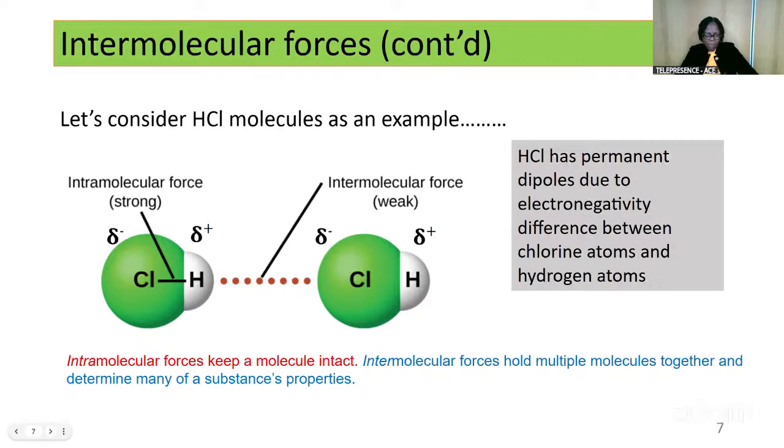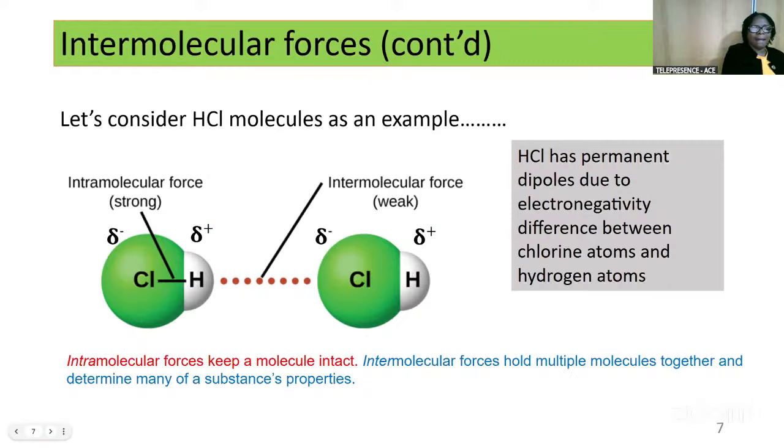Still talking about intermolecular forces, I've just used one clear, very apt example. If you look at hydrogen chloride, you have hydrogen and chlorine in that molecule, and HCl has an existing bond between the hydrogen atom and the chlorine atom.